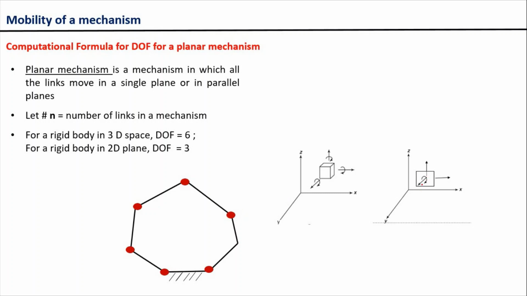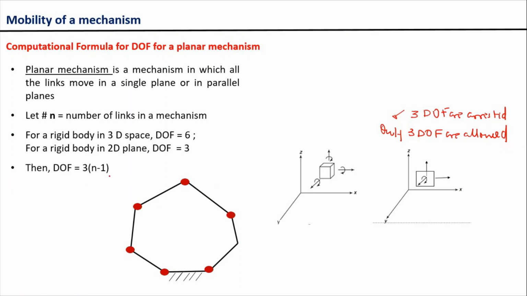If you observe, 3 degrees of freedom are arrested and only 3 degrees of freedom are allowed. That means now this cube or rigid body can translate along the x direction, it can translate along the z direction, and it can rotate about the y axis.